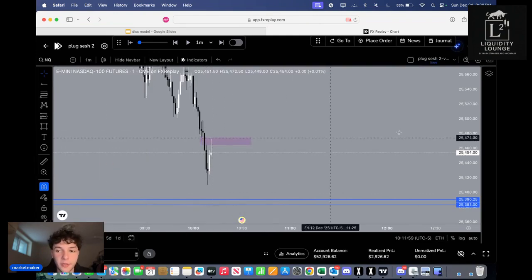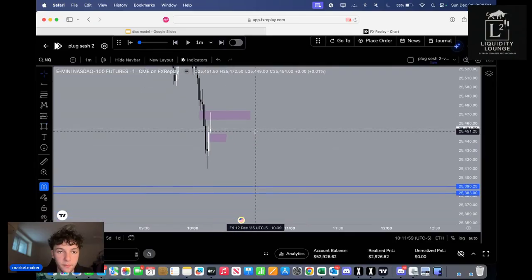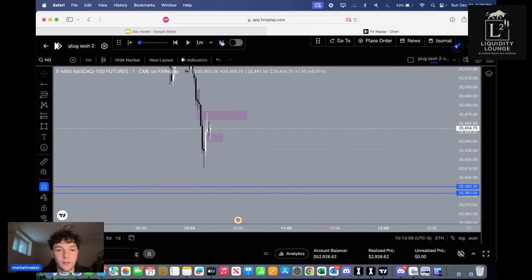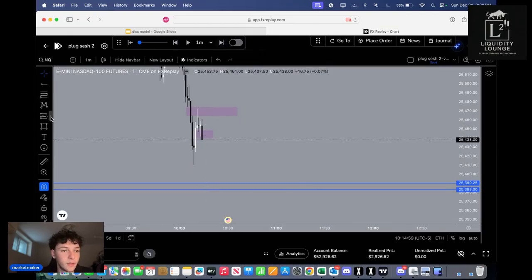So now out of this 2-minute gap right here, right? Let's see what we get. Oh, perfect. We have a 1-minute gap right here. So possible IFG entry. Let's see what happens. Perfect. Beautiful inverse right here. So we would take this right here.